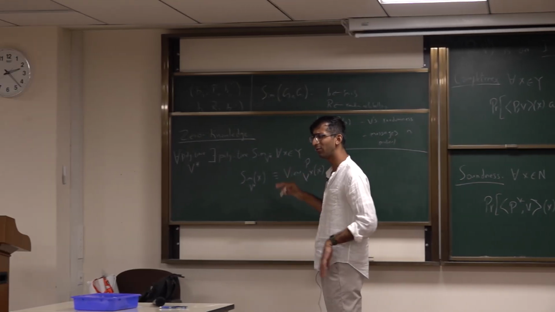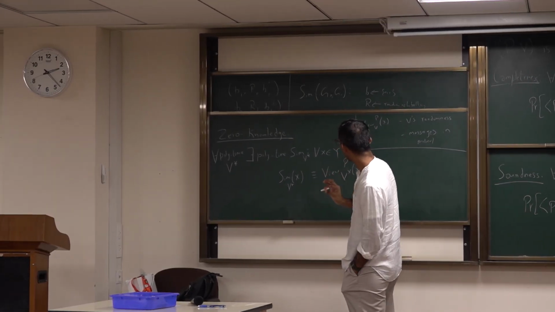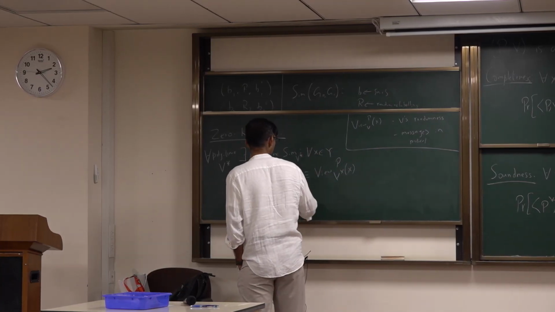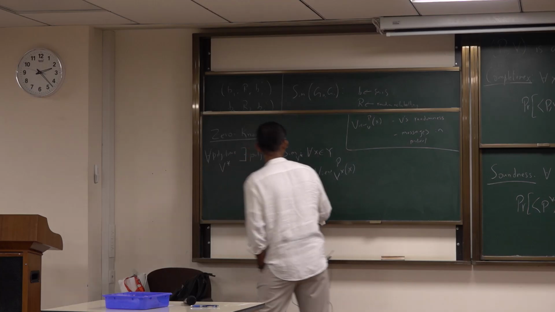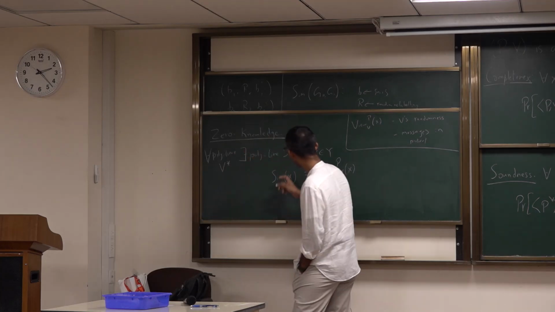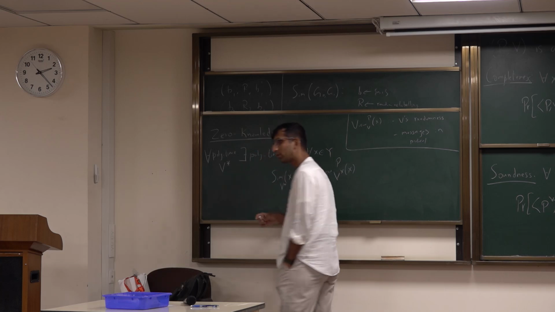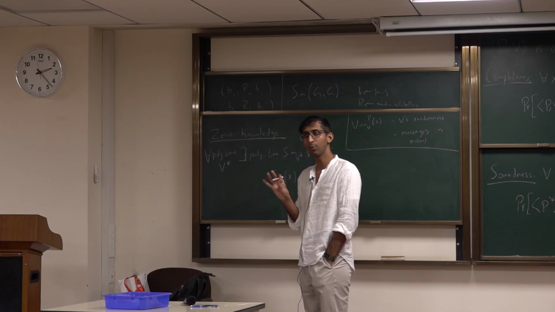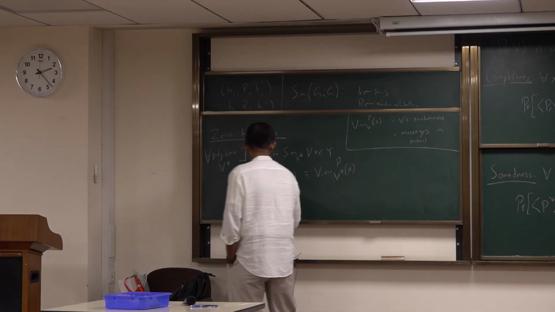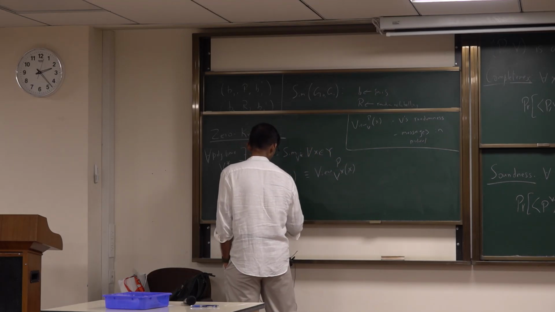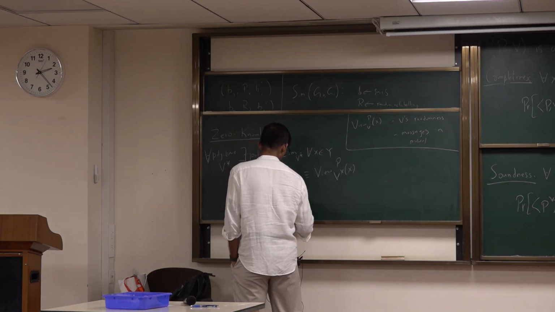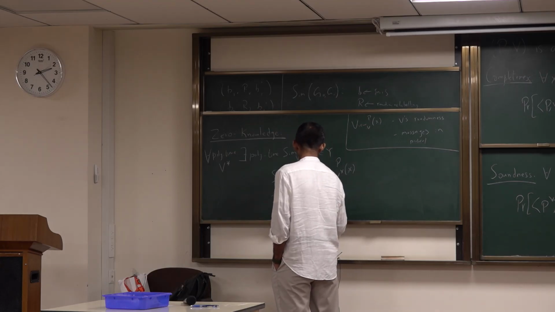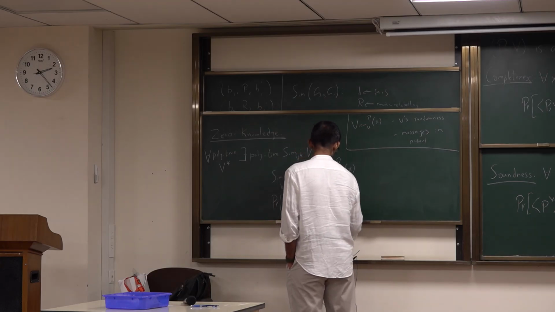It cannot really be met for non-trivial languages. So we have to relax it a bit. I'm going to allow the simulator to fail, and I'm going to denote its failure by saying that it outputs some special symbol saying I have failed. So it's allowed to give up, but it shouldn't give up too often. I'm going to say that the probability that the simulator fails should be small.